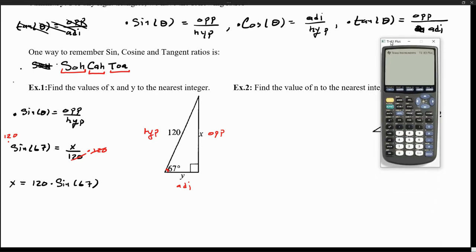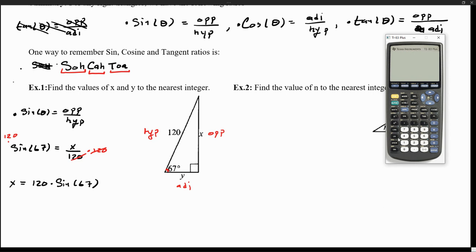When you're using your graphing calculator and dealing with degrees, because this angle is given in degrees, we definitely want to make sure the calculator is in degree mode. So we go to mode, and now we can see that it's in degree mode.